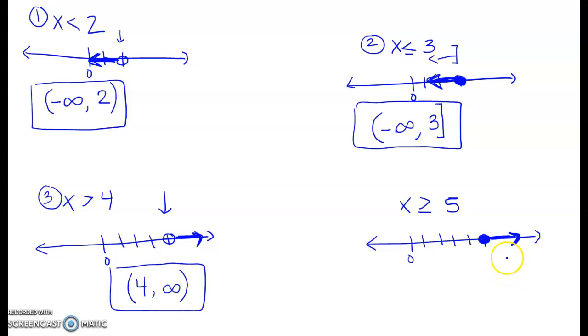Again, for our interval notation, we start with the smaller number, which would be 5 in this case. This is the lower bound of the solution. Now, because it's equal to, what does that tell us? And it's a closed circle. Those both tell us we're going to have a bracket because 5 is included in the solution. It's going to go up to infinity. So we have 5 to infinity, or all solutions around infinity. Again, we're going to have a parenthesis.